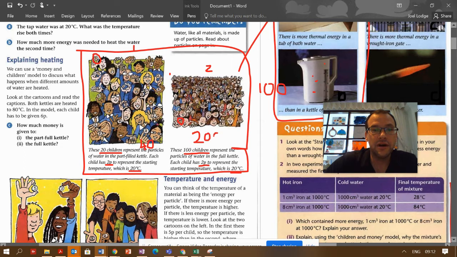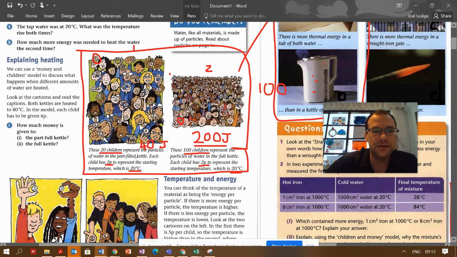It's 200. And actually, if we say they're joules rather than baht now, we can say the small beaker contains a total of 40 joules. The large beaker contains 200 joules.